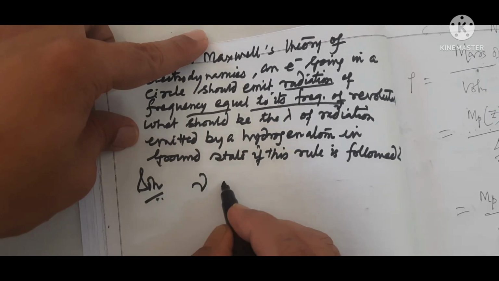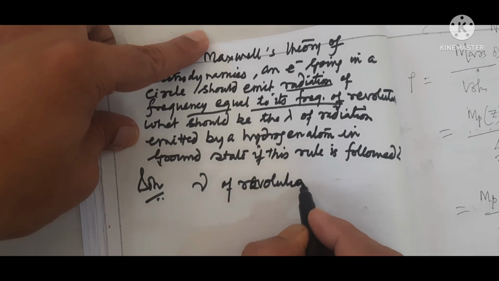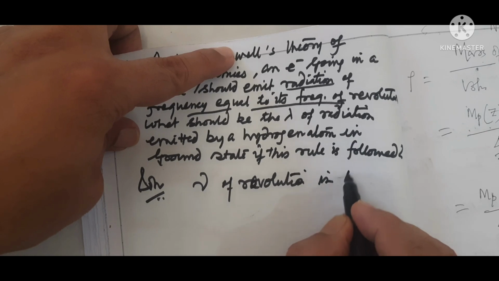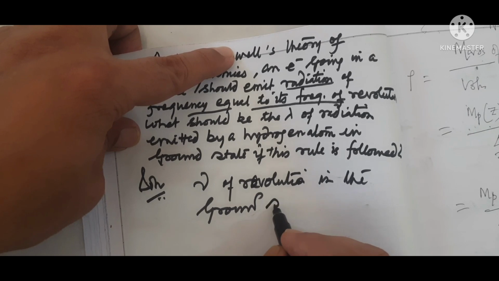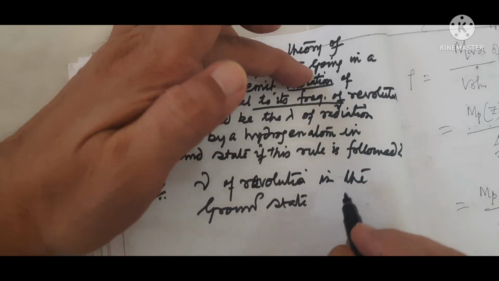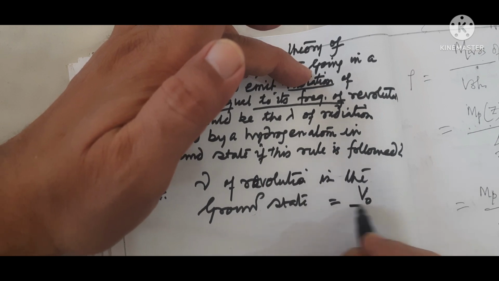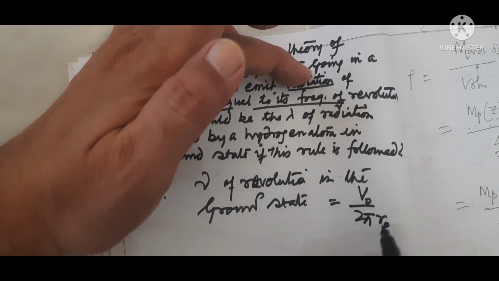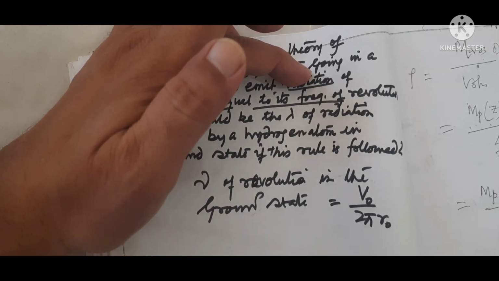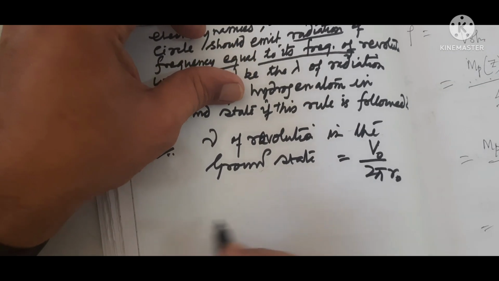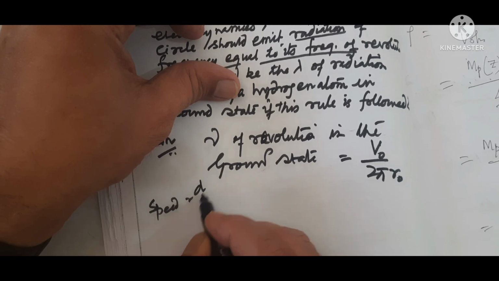The frequency of revolution in the ground state, कितना हो जाएगा फ्रीक्वेंसी? v naught by 2 pi r naught. फ्रीक्वेंसी ये कहाँ से आया, speed is equal to distance by time.